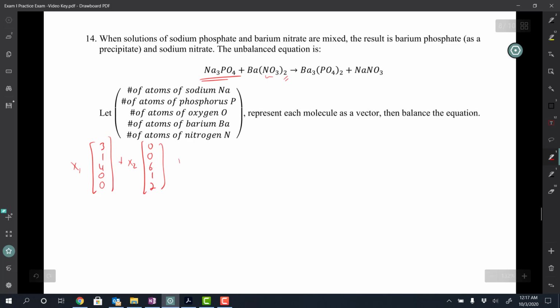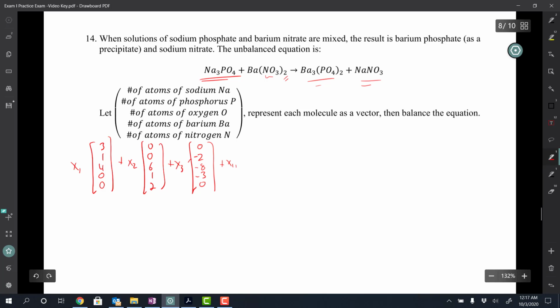Now, really this would be plus X3 times the next molecule and plus X4 times the next molecule. But that will be my equation, and all I'm going to do is actually subtract those values over ahead of time. So this will be plus X3 times a vector that has negative values here. So this will be 0 sodium, 2 phosphorus, so I'm going to write negative 2 there. It's going to have negative 8 oxygen and 3 barium and 0 nitrogen.